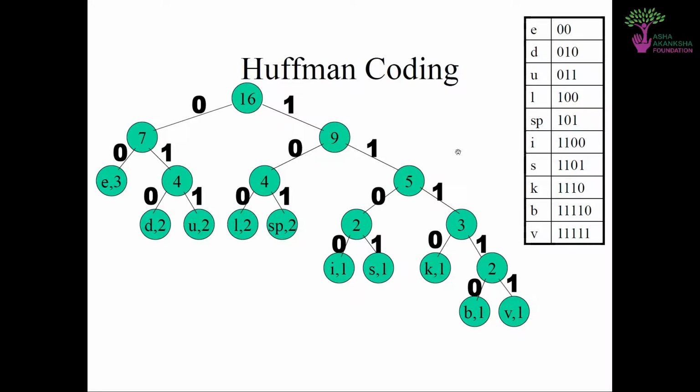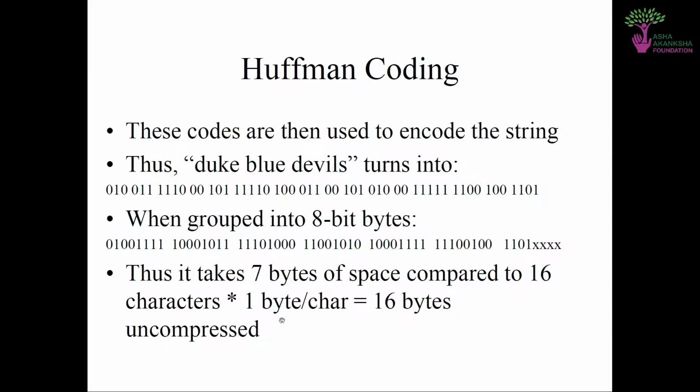But in total, what we observe is that the total number of bits required is, you can see here, it is 56 minus 4, so it is 52 bits in total. If we convert it into bytes again, we have to take it in groups of 8.